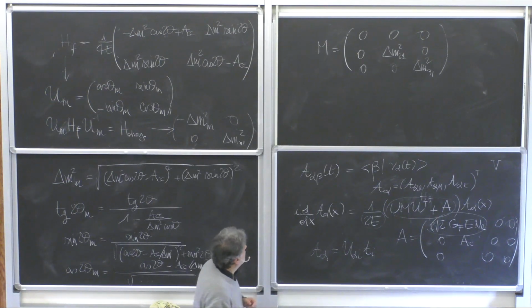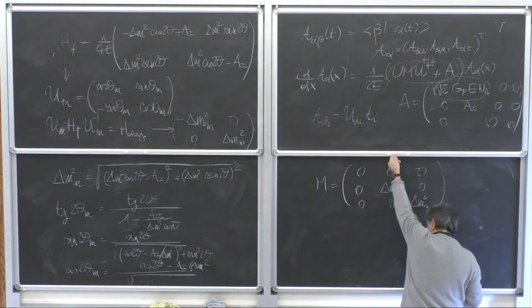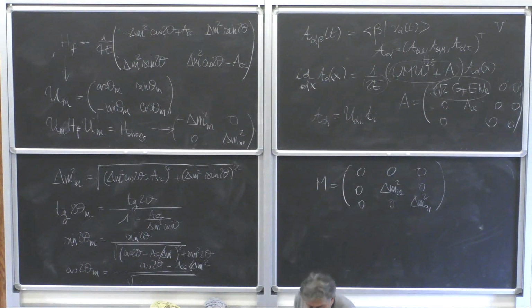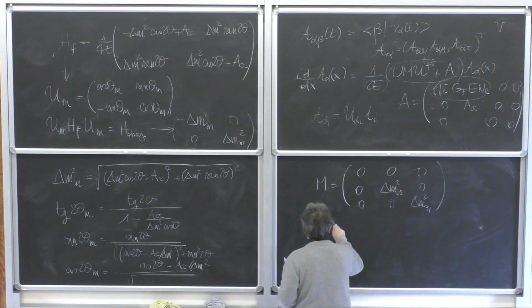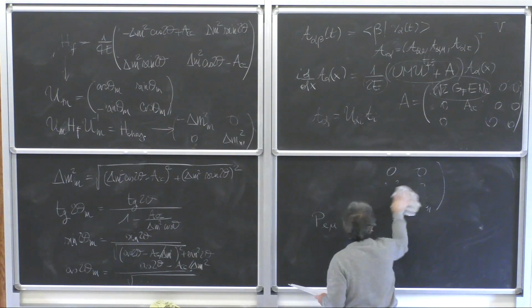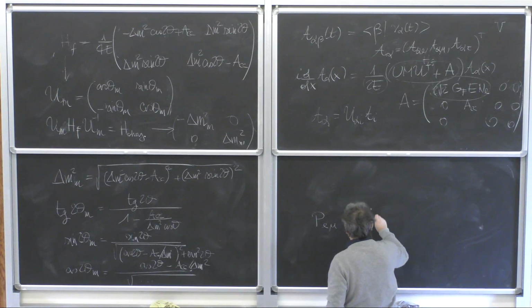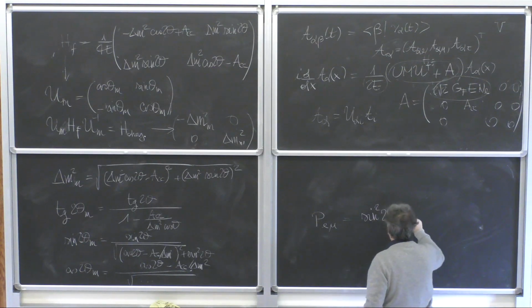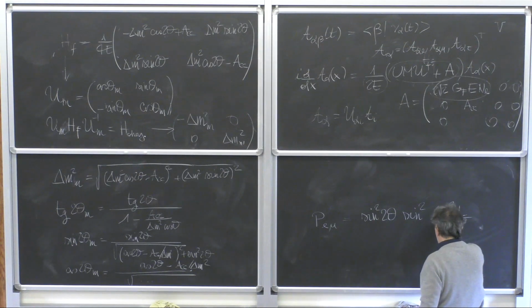If you consider the oscillation formula, this can be proven in a more rigorous way, but remember that we have in vacuum the P_e mu probability was sine squared 2 theta sine squared delta m squared L over 4E.